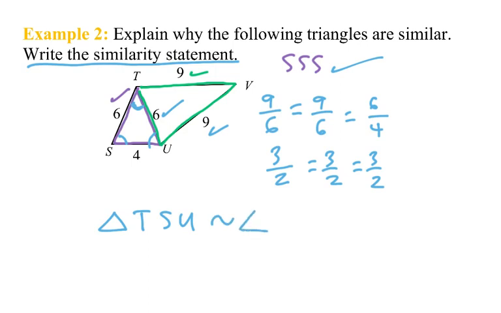That's going to be similar to, and when I pick out the vertices from the green triangle, I need to put them in the corresponding order. So the angle that is not a base angle would go first. That'd be my V, and then my two base angles would be T and U. So triangle TSU is similar to triangle VTU. And I hope those couple of examples give you enough of an idea to see how you apply these similarity theorems to prove whether two triangles are indeed similar.